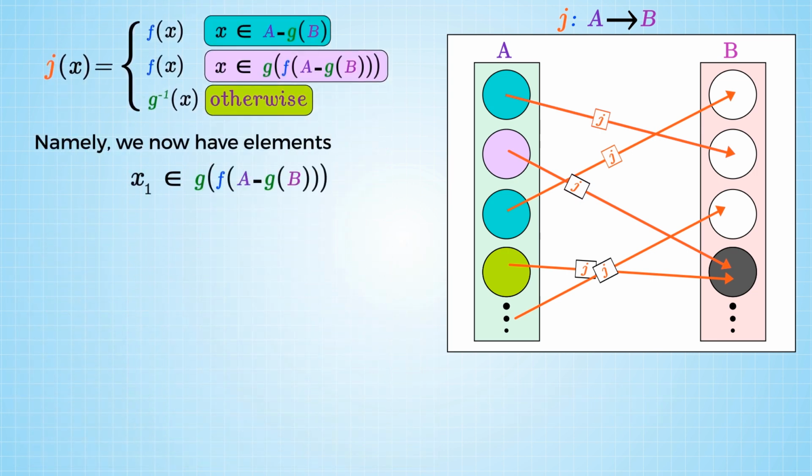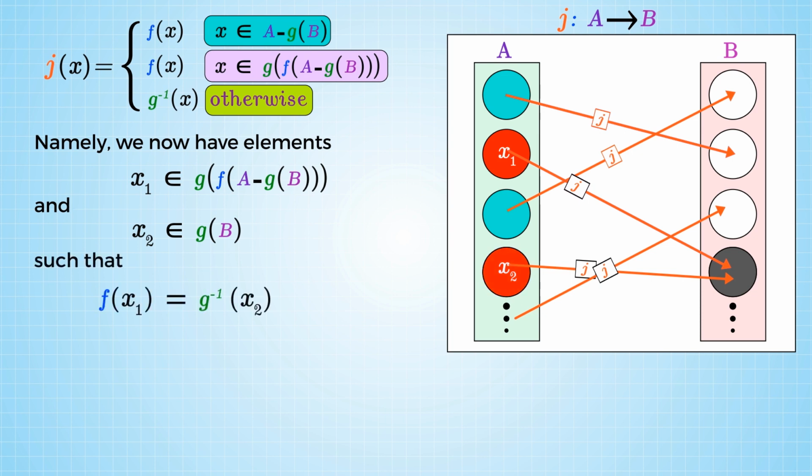Namely, we now have elements x1 in G(F(A minus G(B))) and x2 in G(B), such that F(x1) equals G inverse of x2.